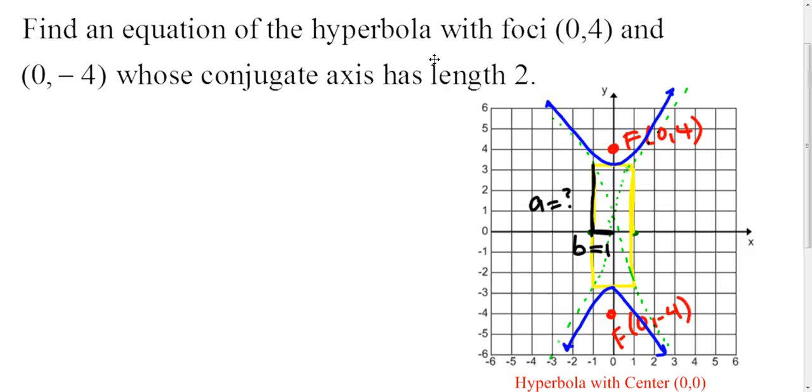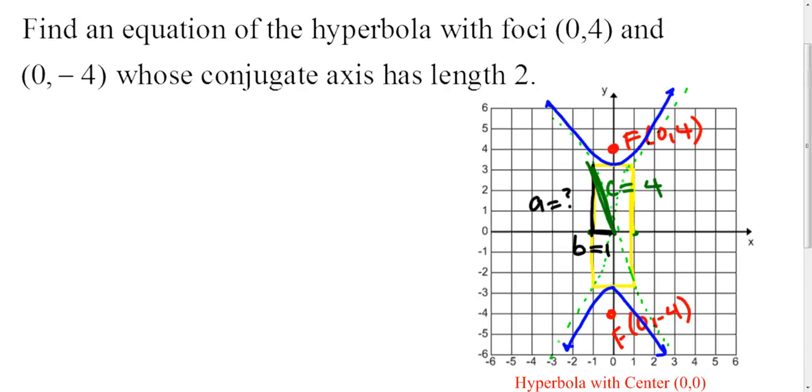This distance is C. And remember that this distance and this distance are the same. And I know that that distance is 4. So what I know is that C is 4.